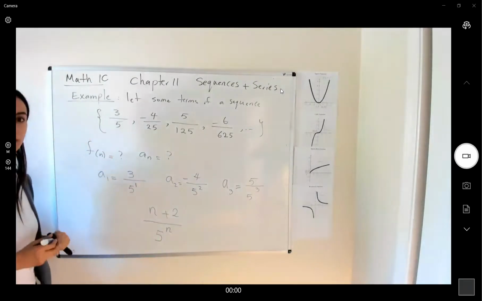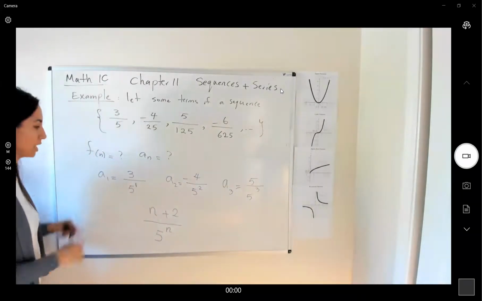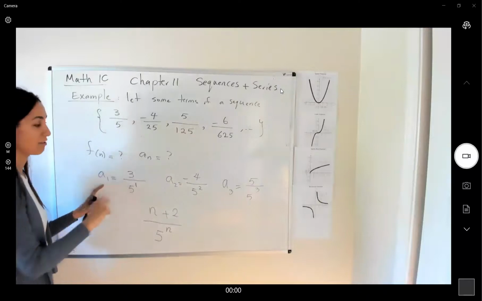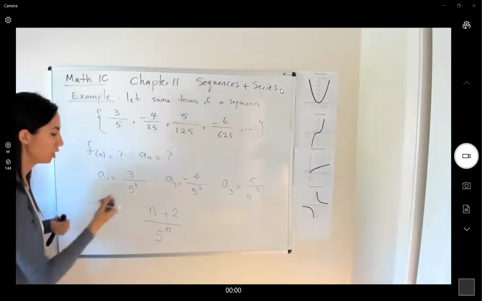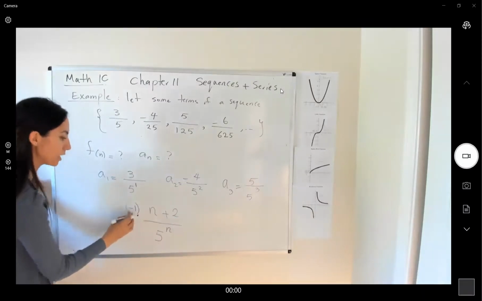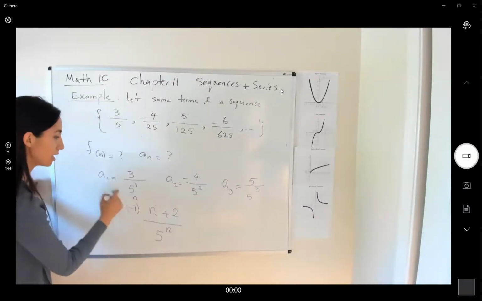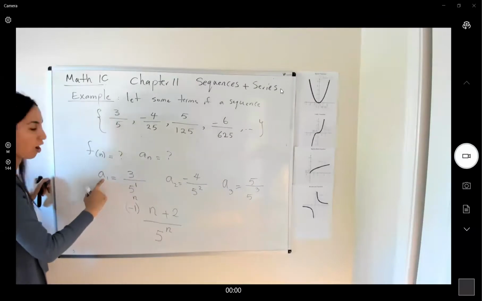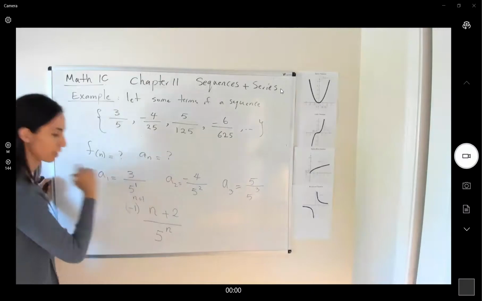Now I expect you to ask, what about these negative signs? If n is equal to 1, the number is positive. When n is equal to 2, you have a negative sign. So it means that I have multiples of the negative sign or negative 1, and since it is positive for odd numbers, I add 1 to it.